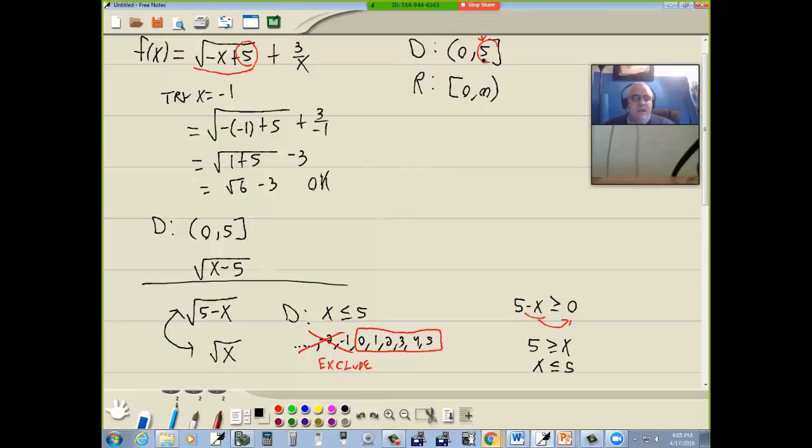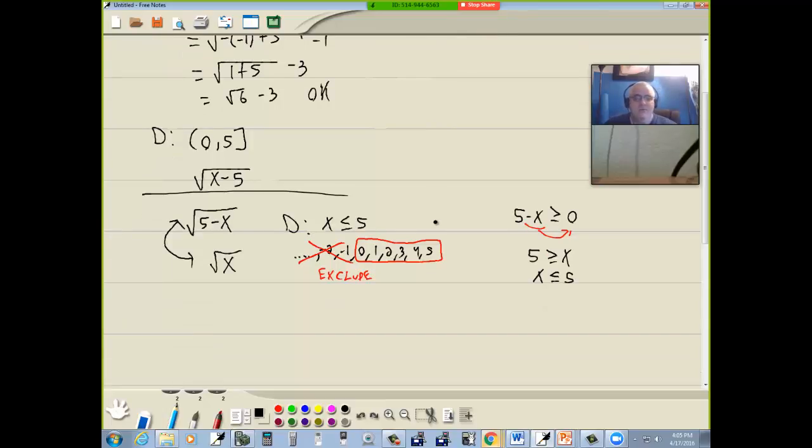And that would almost give this to us, but it can't be 0, can it? What would tell us that it can't be 0 is if we actually put it in fraction form, like this. Then if I were to put 0 in for x, I'd have the square root of 0, which is 0, and you'd have division by 0.